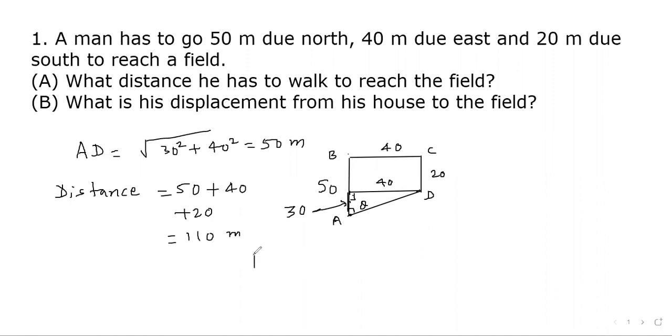So tan theta equals perpendicular over base. Perpendicular is 40 divided by base 30, which will give theta equal to tan inverse 4 by 3. So this is the angle made from north towards east.